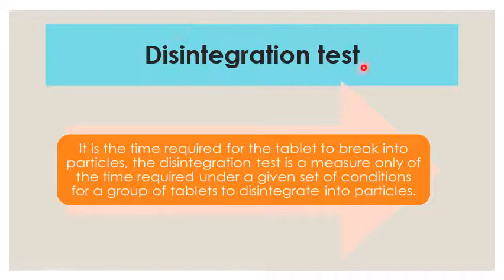Let us see the disintegration test. What is meant by disintegration test? It is the time required for the tablet to break into particles. The disintegration test is measured only of the time required, under a given set of conditions, for a group of tablets to disintegrate into particles.